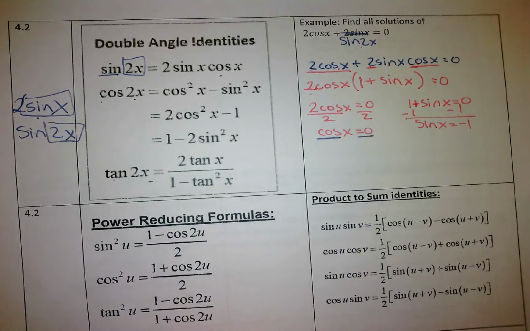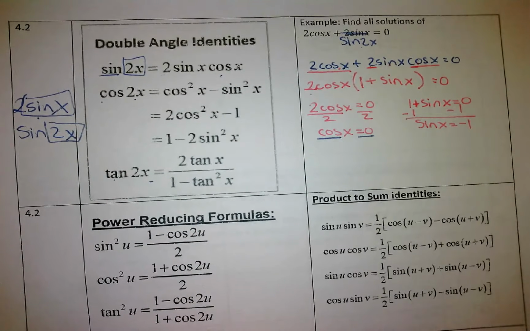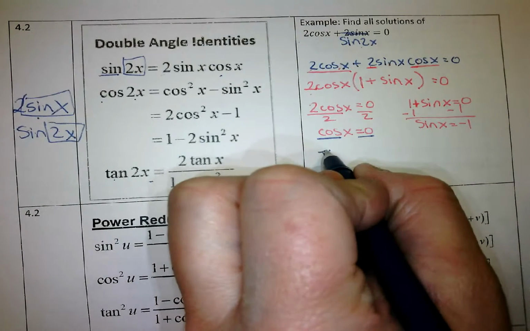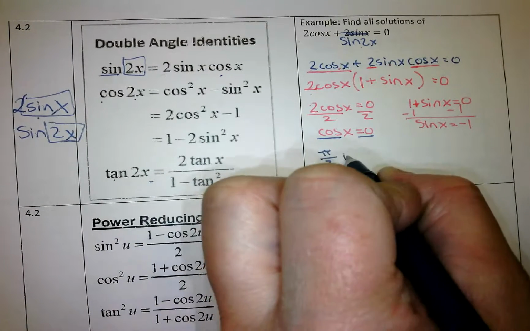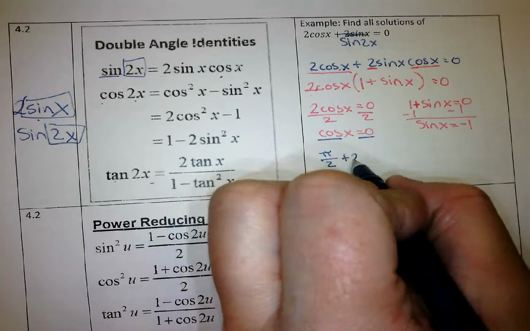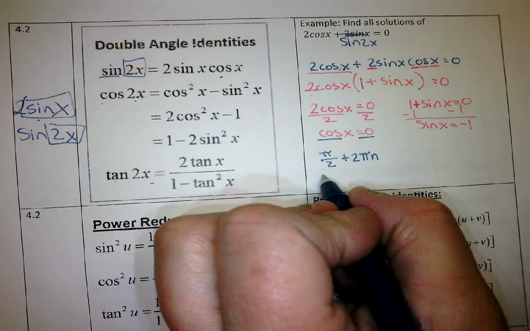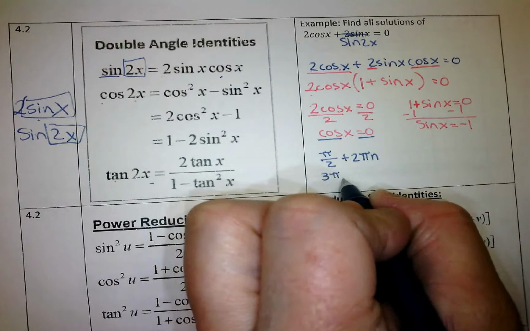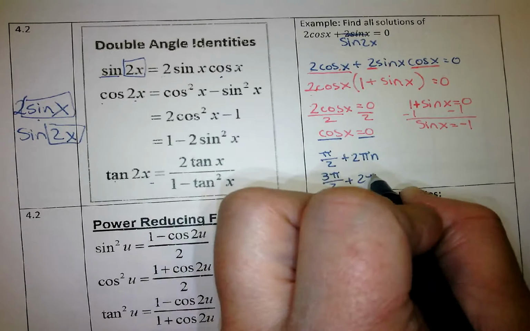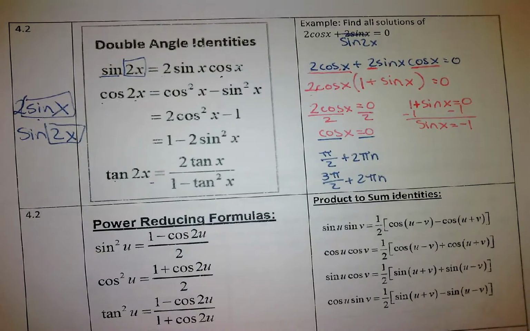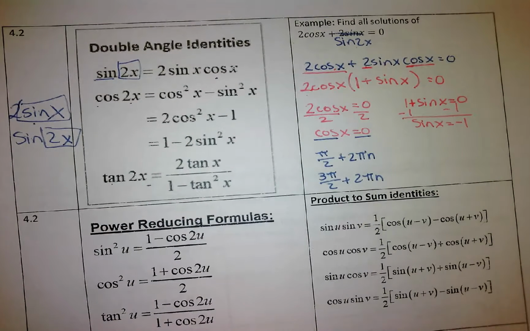Now, where does my cosine value equal 0? It equals 0 at pi over 2, and every time it hits that spot again, and at 3 pi over 2, and every time it hits that spot again. So don't forget that 2 pi if it says find all solutions and doesn't give you a domain. Same thing here.